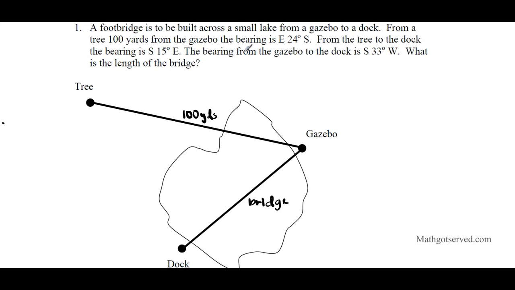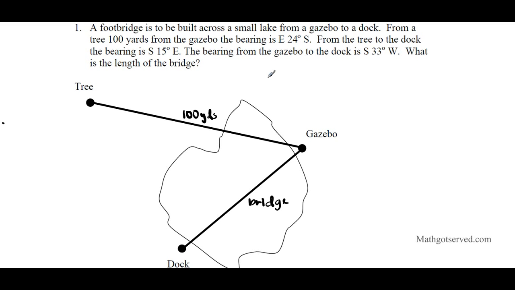The bearing of the gazebo from the tree is 24 degrees south of east.